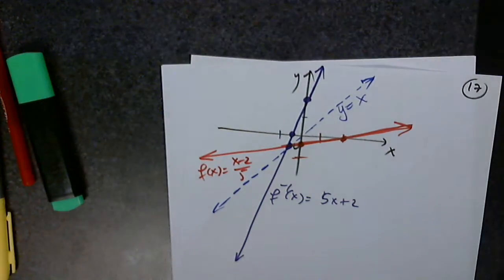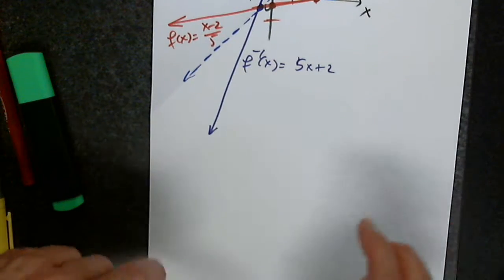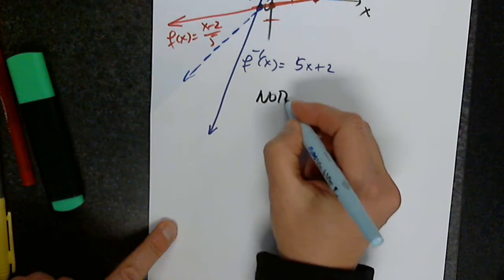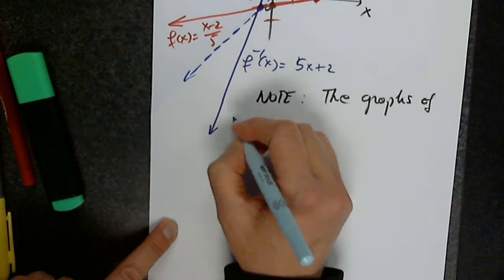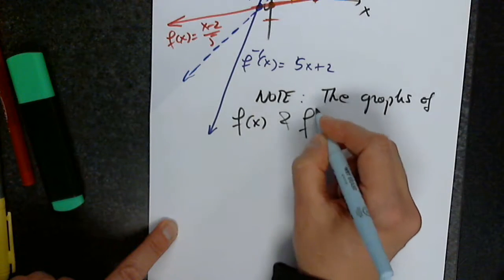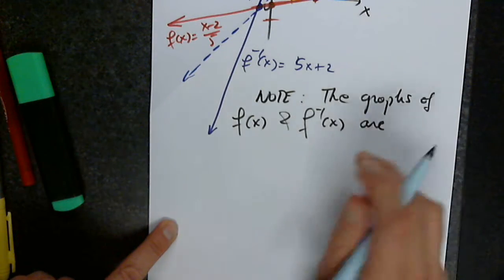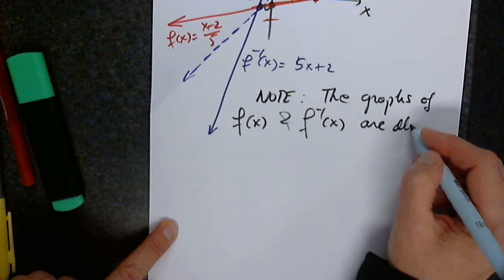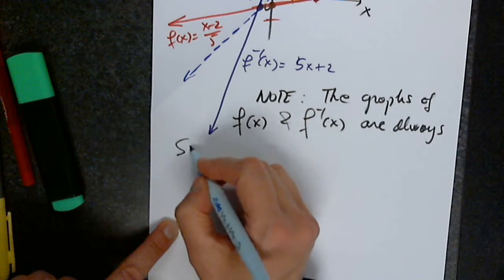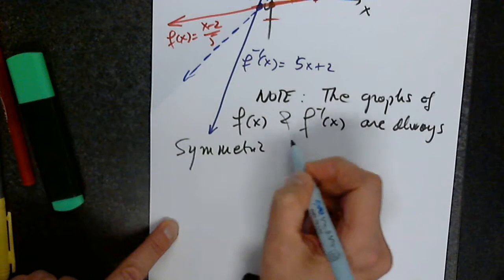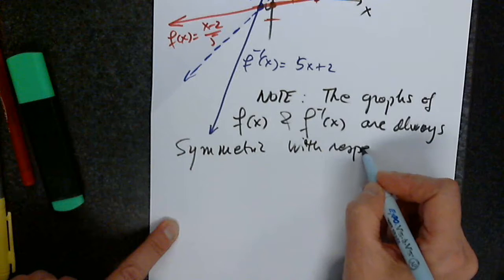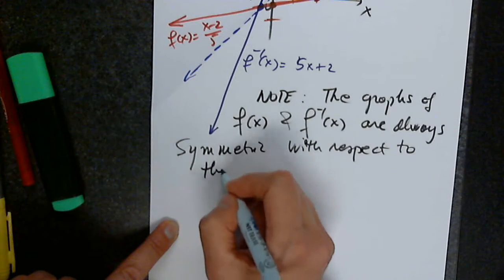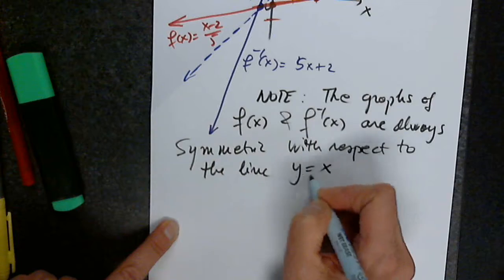So let's write it as a very important note. The graphs of f and f inverse, note, the graphs of f of x and f inverse for any function are always symmetric with respect to the line y equals x.